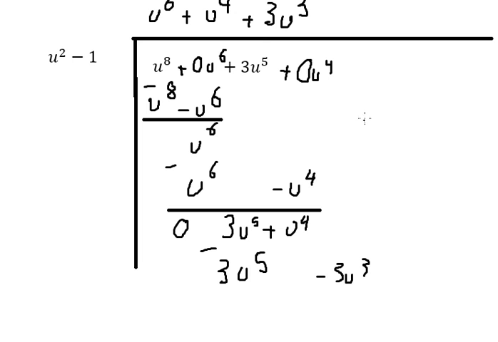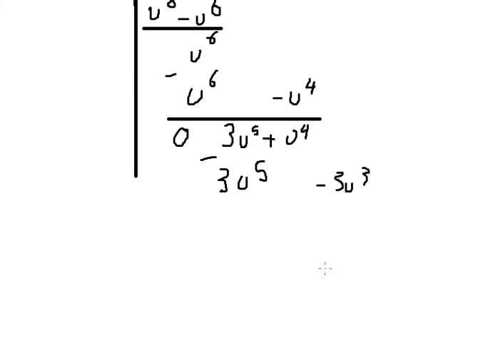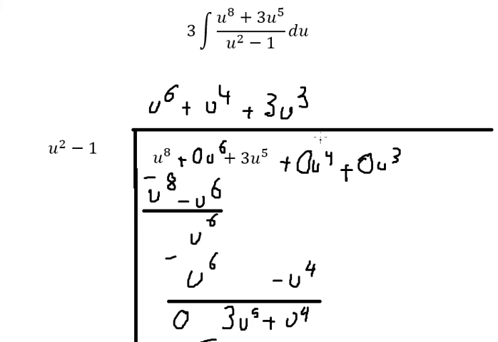We subtract two equations. Because we don't have u to the power of 3, so we need to have number 0 in here. This one they will cancel. 0 minus negative number 3, we have positive 3u to the power of 3. Now u to the power of 4 we put in here. So we put u square in here.